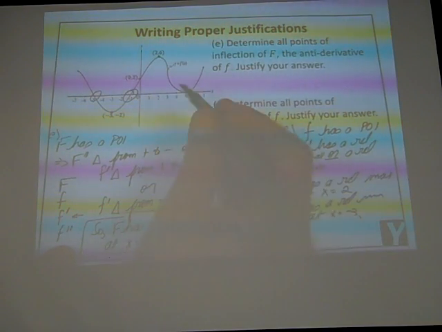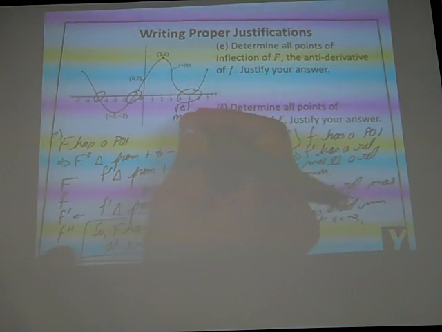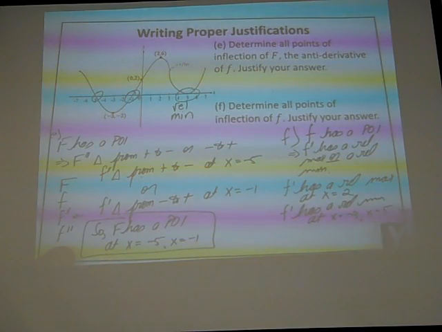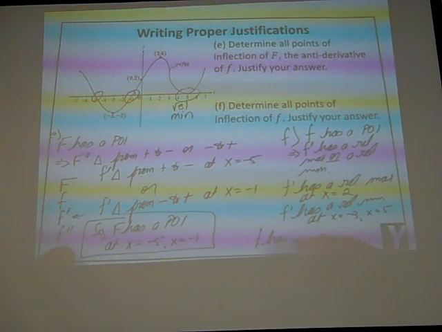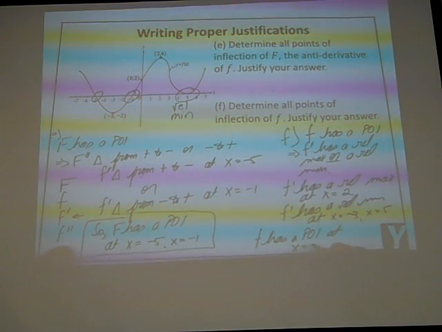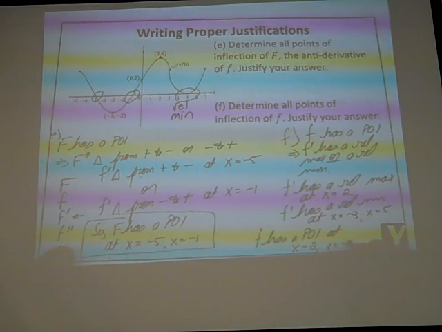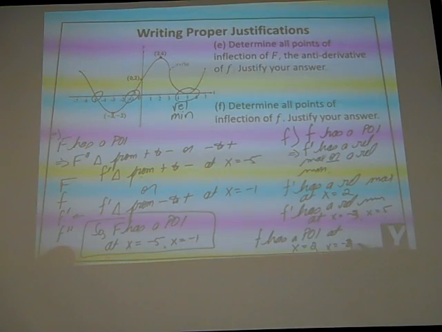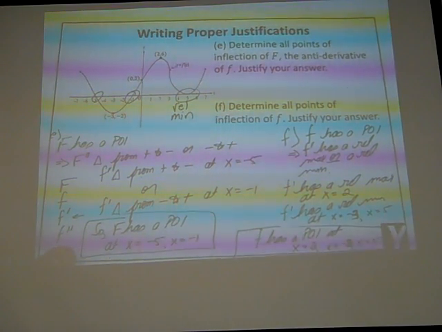F prime also has a relative min at x equals 5. So all of those are true, which means I can conclude that f has a point of inflection at x equals 2, at x equals -3. Sorry, that's just bad handwriting on my part, -3. And x equals 5. Little f has 3 points of inflection.